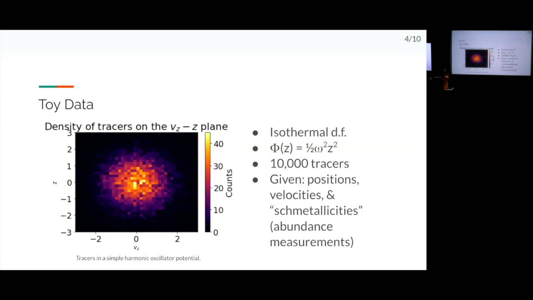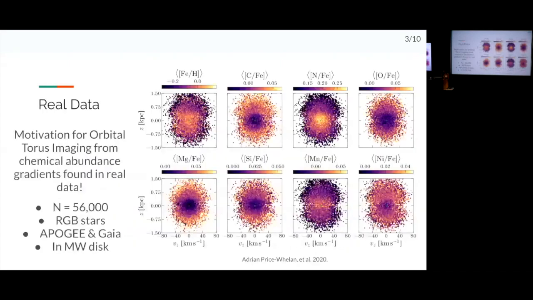I have a quick question. Can you go back one slide? Yes, this slide. It's clear from this slide that not all elements are created equal for orbital torus imaging. So you use metallicities, which I assumed you faked, but going forward, what are you planning on doing?